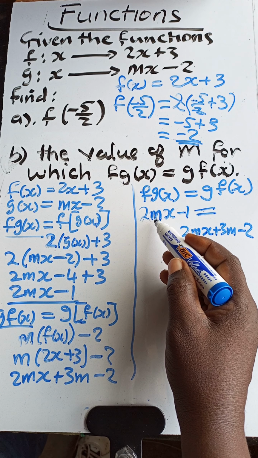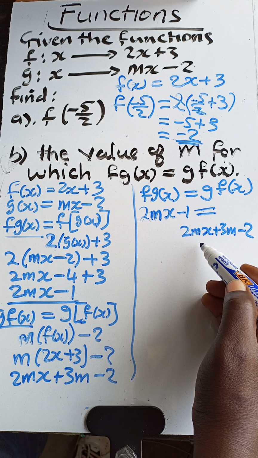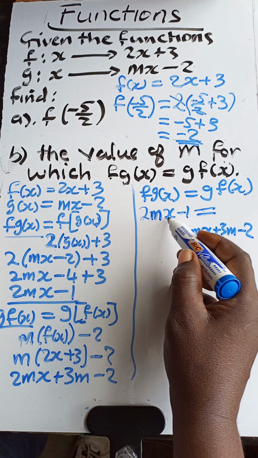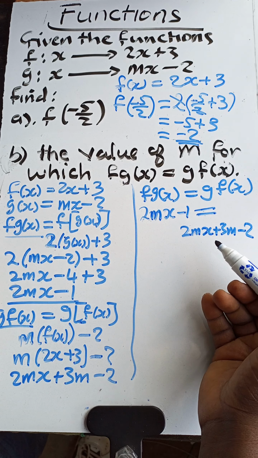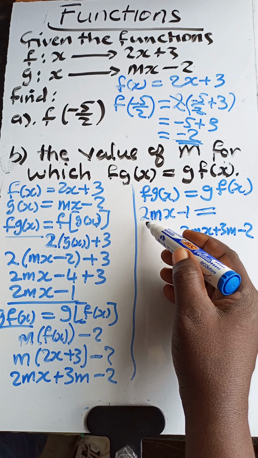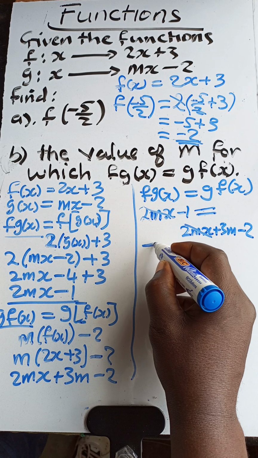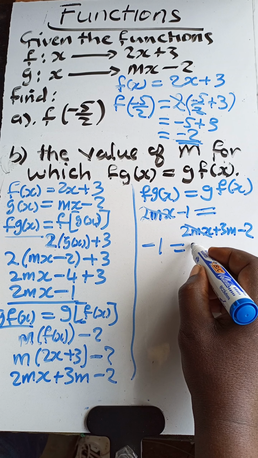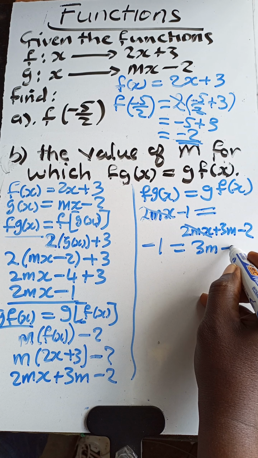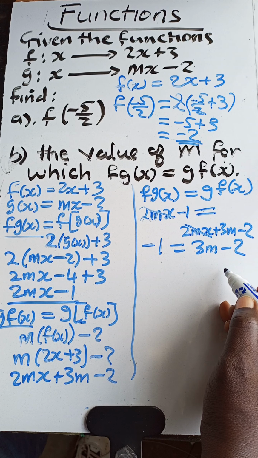So we have this is equal to this. Now we have 2mx on both sides, so they can cancel out themselves. So 2mx minus 2mx is gone. We're left with negative 1 is equal to 3m minus 2.